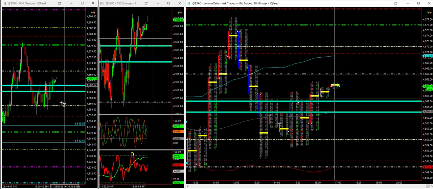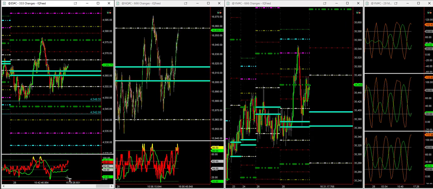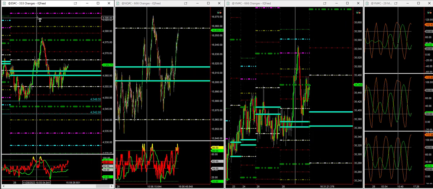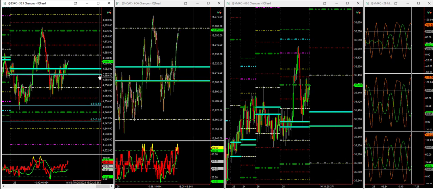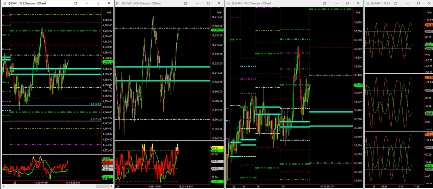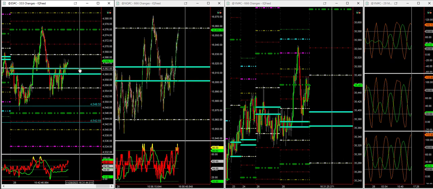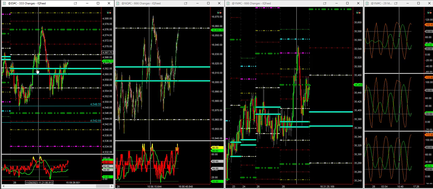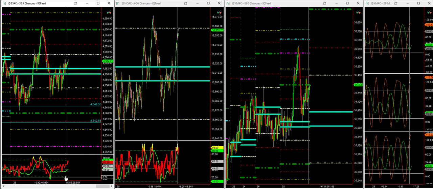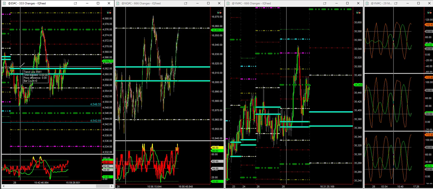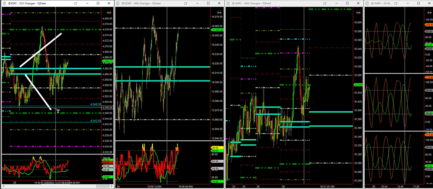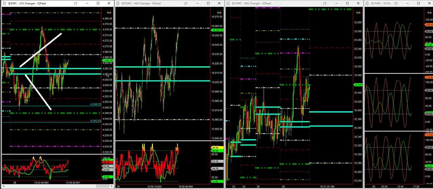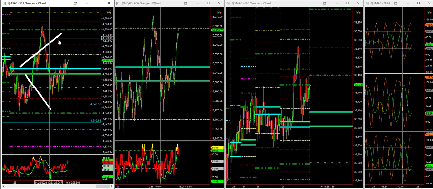When I or a team member post these levels, and you look at this picture, these levels are there, and we say long above this and short below this. You're talking about this, right? So if the market is staying below this, you're better off taking shorts. If the market is staying above this, you're better off taking longs.